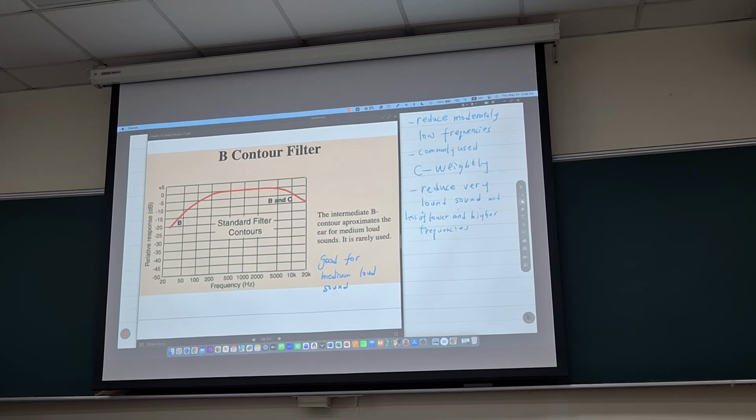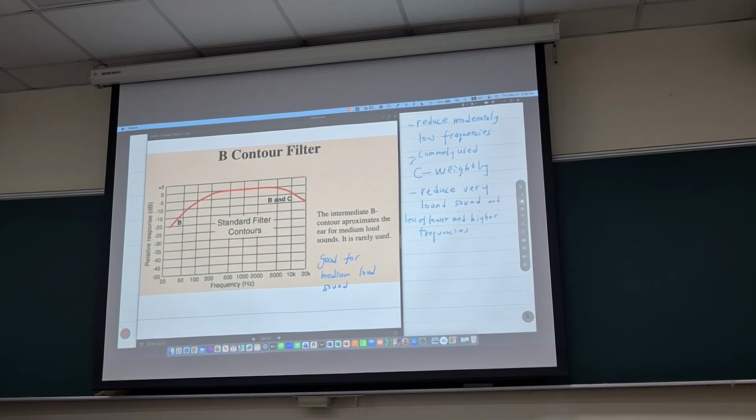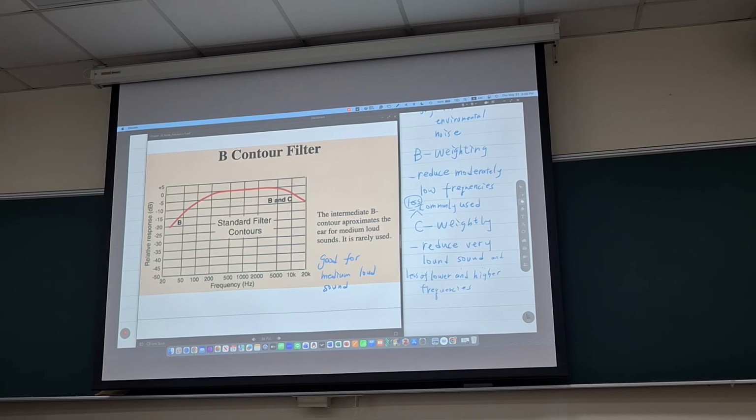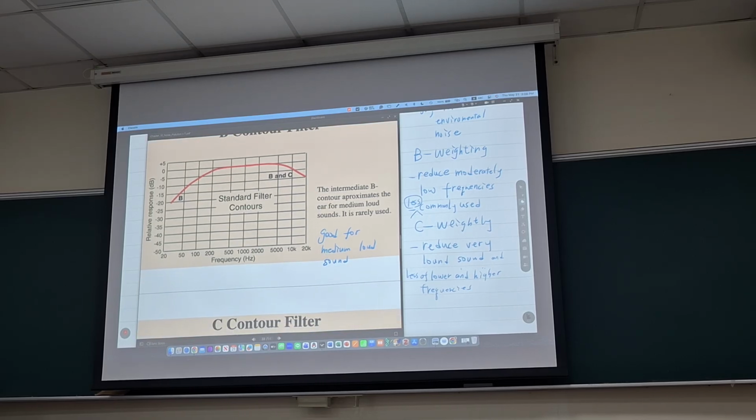I'm sorry, it is less commonly used, rarely used, because it is for medium loud sound.